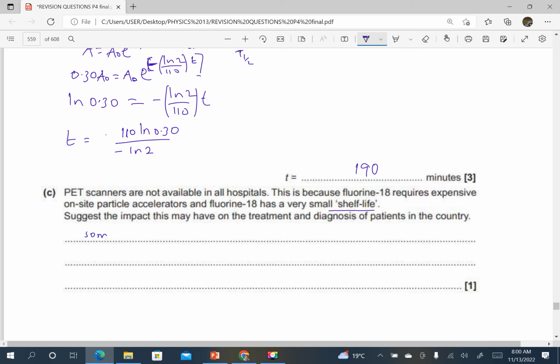Some patients may not get the treatment because of where they live.